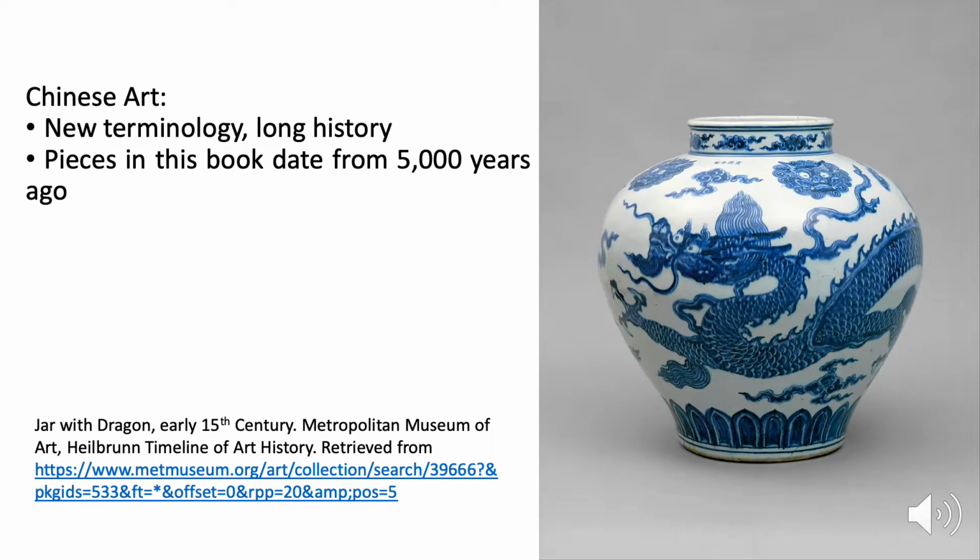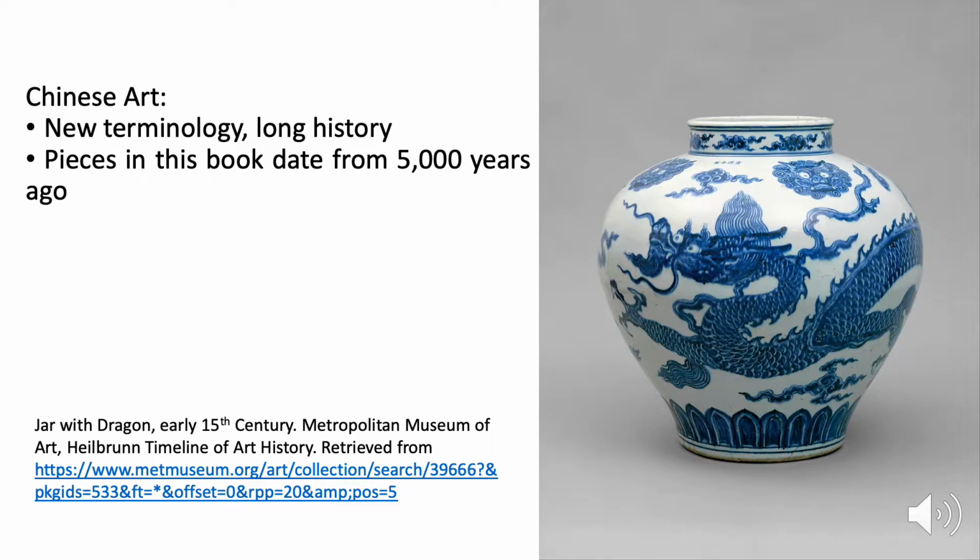Okay, so the term Chinese art, I want to confront this right away. This is a new terminology that we use to describe art in China, but it has a very long history. Pieces in this book will date back to 5,000 years ago. And here is just one example of a beautiful Chinese ceramic piece.